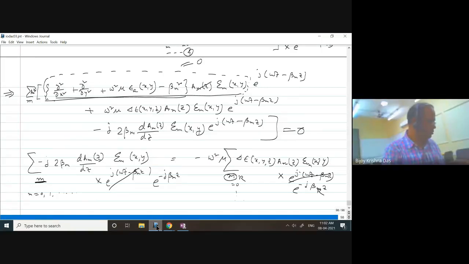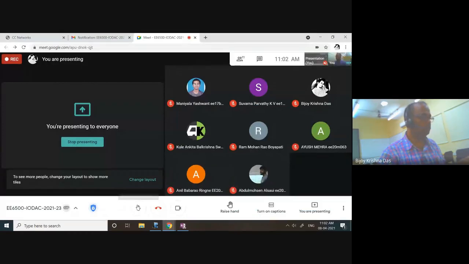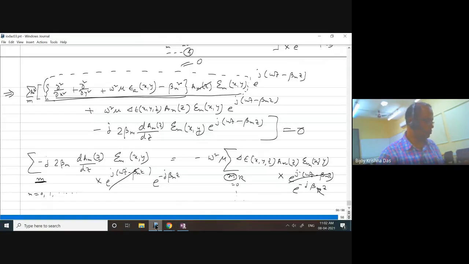So we have already started coupled mode theory. I hope you understand how we have started to frame the coupled mode theory.